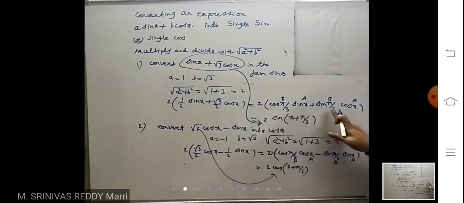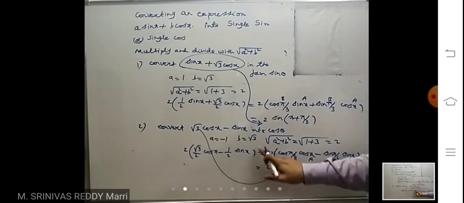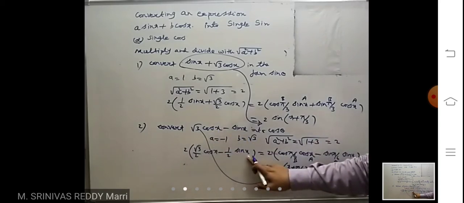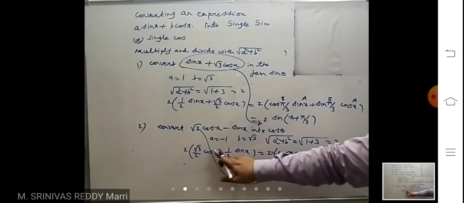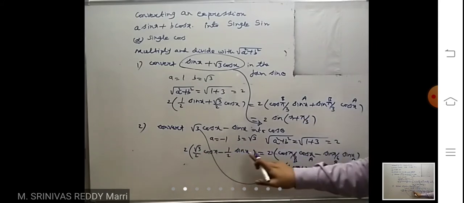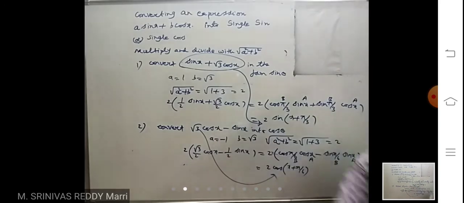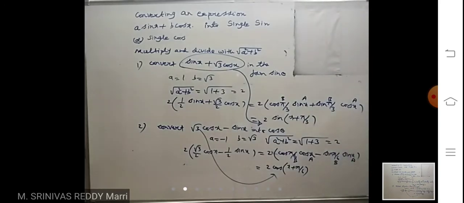This root 3 by 2 I have written in sine, such that it will become sin A cos B plus cos A sin B. In the next one I want to convert into cos. I have multiplied and divided with 2. Then I got this one. If cos is there, only write in cos, because 2 cos's and 2 sines must be there. Cos A cos B minus sin A sin B. Then it will become cos of A plus B. Like that, whenever this expression A sin x plus B cos x is there, you can convert like that.